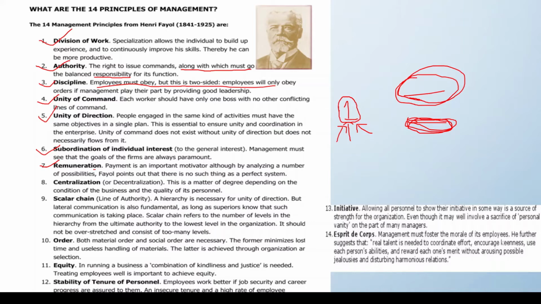If the payment is not up to the market, then employees will definitely move to another firm that is giving competitive payment. That is one kind of motivator, and there is no plan which is perfect for remuneration.